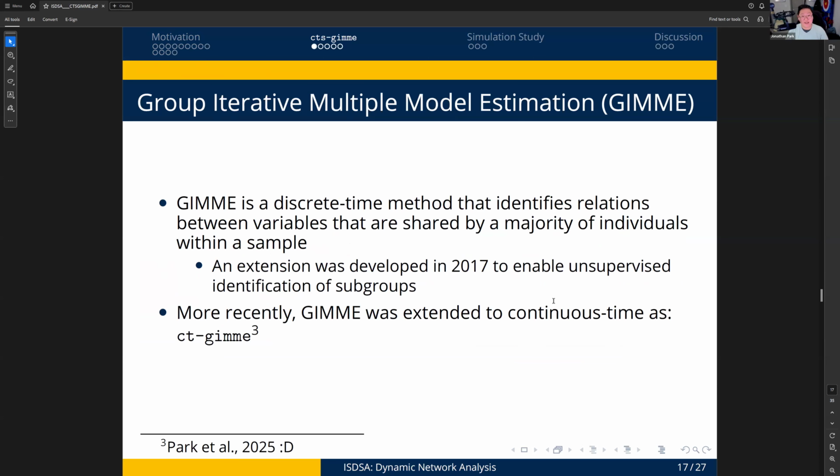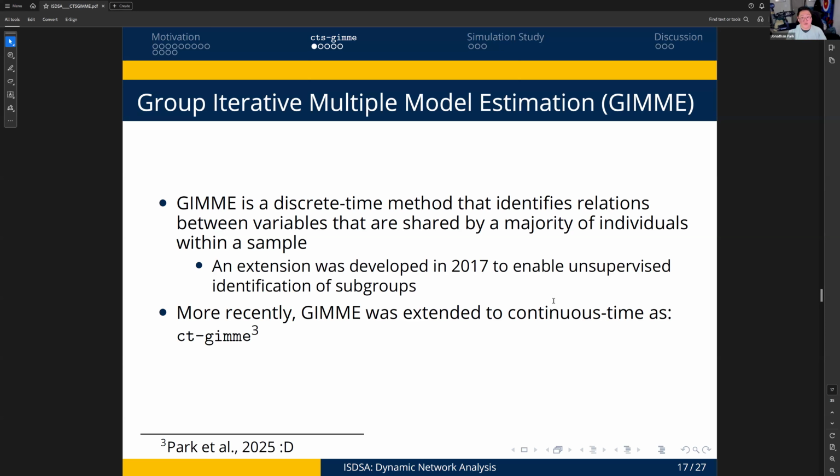But we have basically a continuous time extension of the group iterative multiple model estimation procedure. This was developed by Katie Gates and Peter Molenaar. The first paper was in 2010, but most people cite 2012. This algorithm is a discrete time method that identifies relations between variables that are shared by a majority of individuals in the sample.